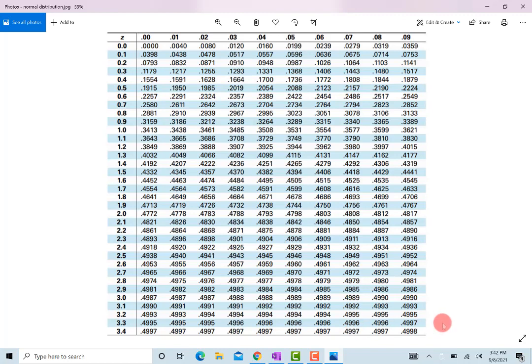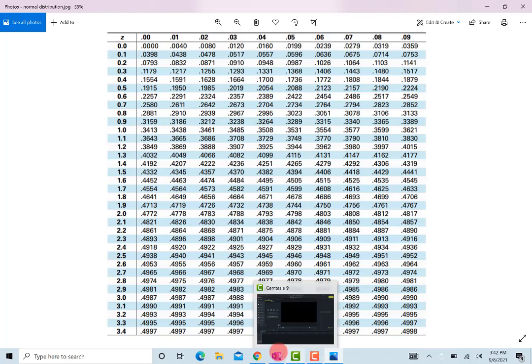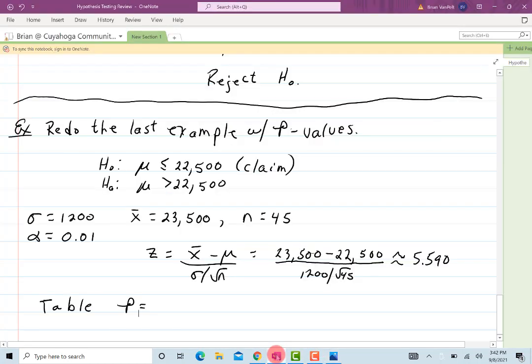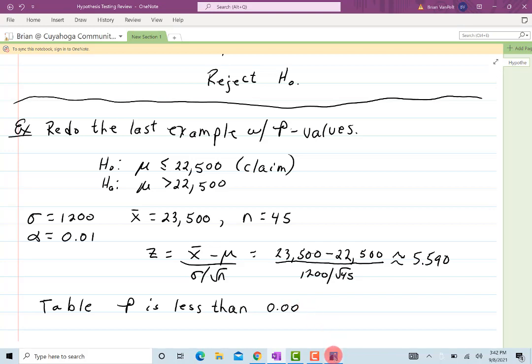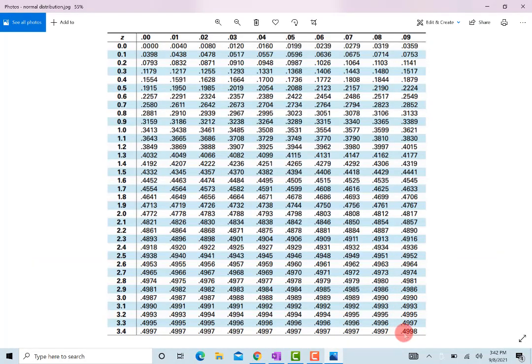I can see that it's going to be less than 0.0002. So p is less than 0.0002.